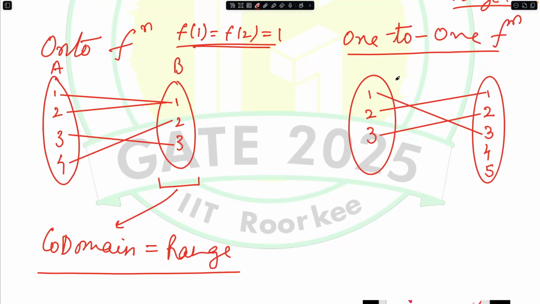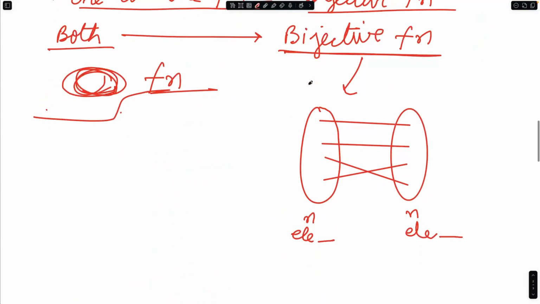Now just for analysis sake, suppose the function is both onto and one-to-one, that is, it is bijective. If it is a bijective function, a unique thing happens, because every single element of the codomain is used and has a unique element in the domain. And every part of the domain is used by the definition of the function.